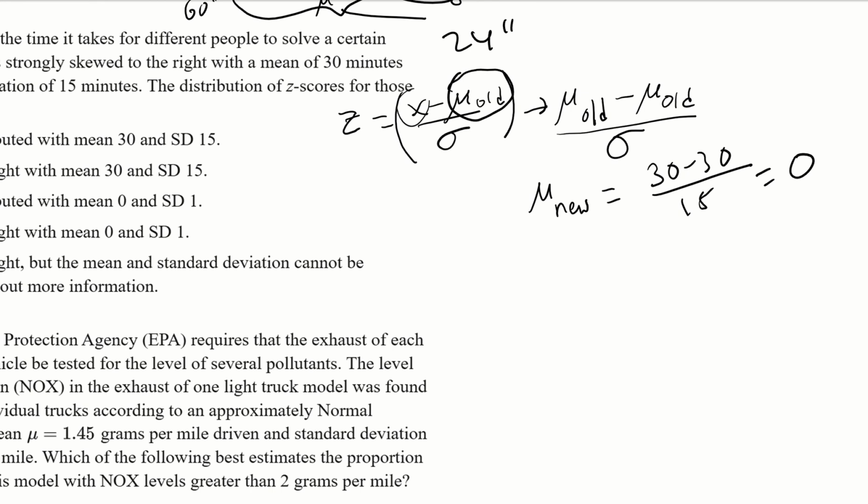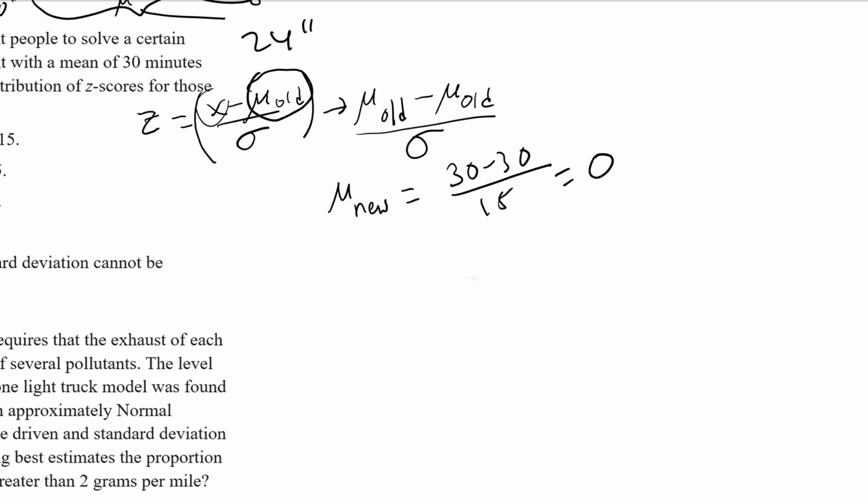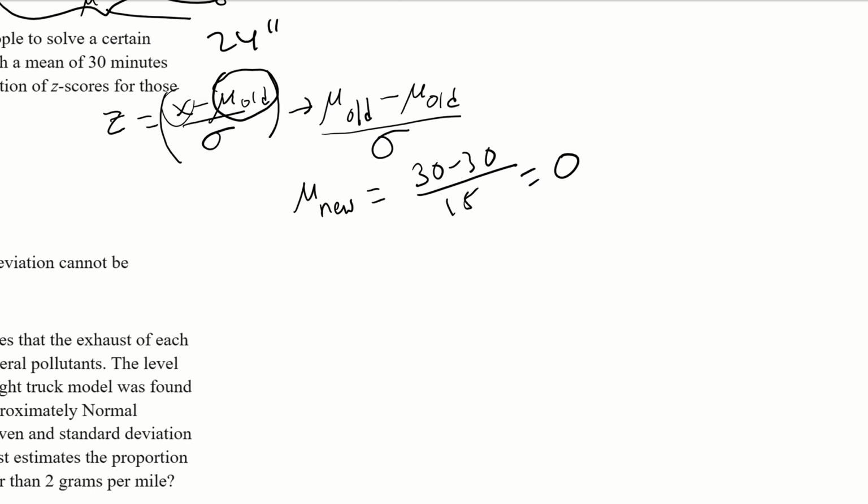Now, what's going to happen to my standard deviation? Well, my standard deviation is not going to be affected by subtraction or addition, but it is going to be affected by division, okay? So my new standard deviation is going to be my old standard deviation, but not minus the mu old, because addition or subtraction does not affect it, but division does.